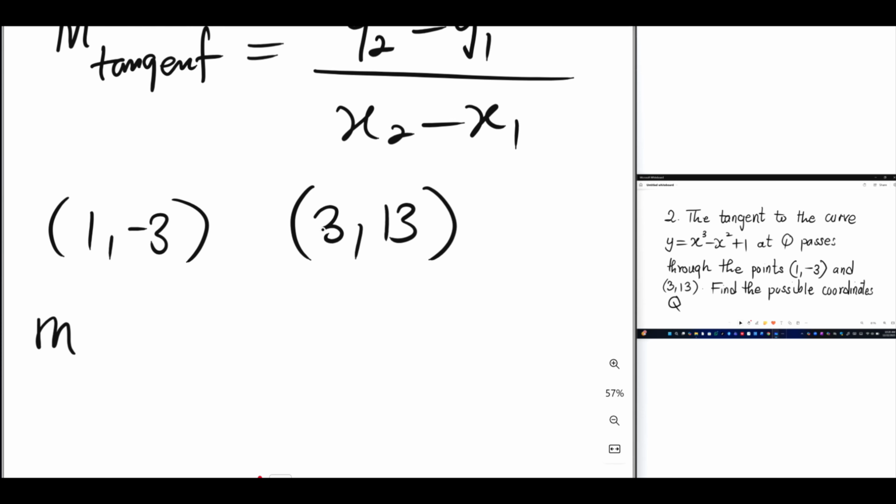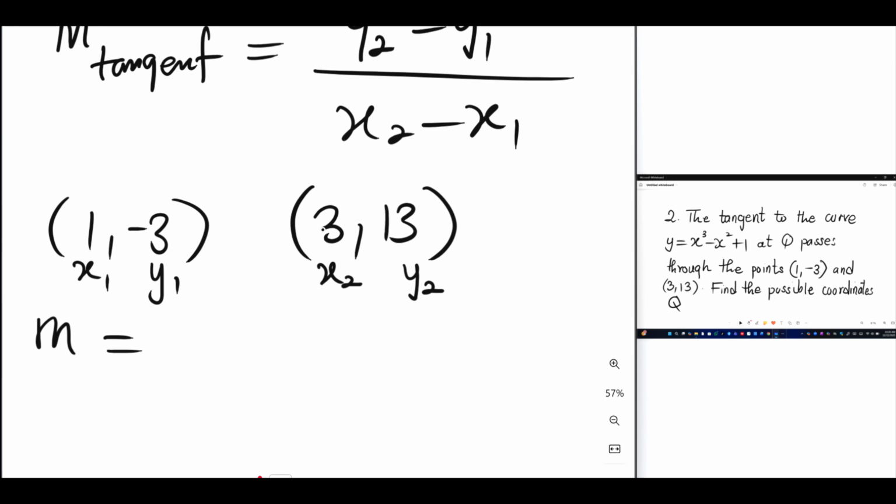So we are going to get our m to be equal to y2. You can name any of them as your y2. So I will name the first coordinate of the first point as my x1. So automatically the second one becomes my y1. x1 goes with y1. Then the next one becomes my x2, then automatically the corresponding y value becomes y2.